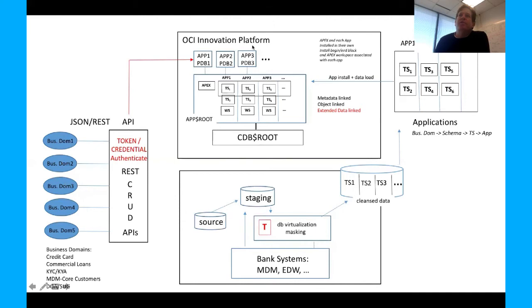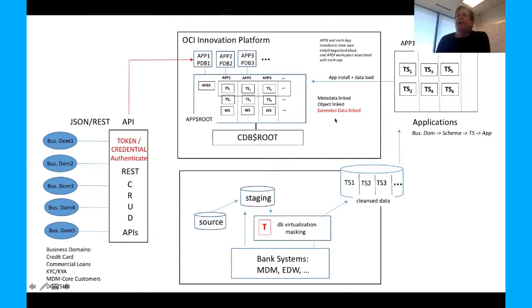What they want to do is provide an innovation platform to their partners that could come in via OCI connection to an app PDB, where they can execute REST-enabled CRUD operations on these applications.